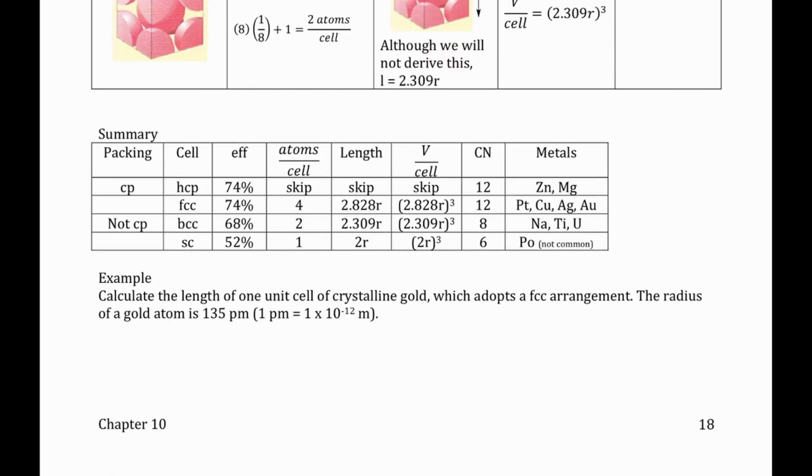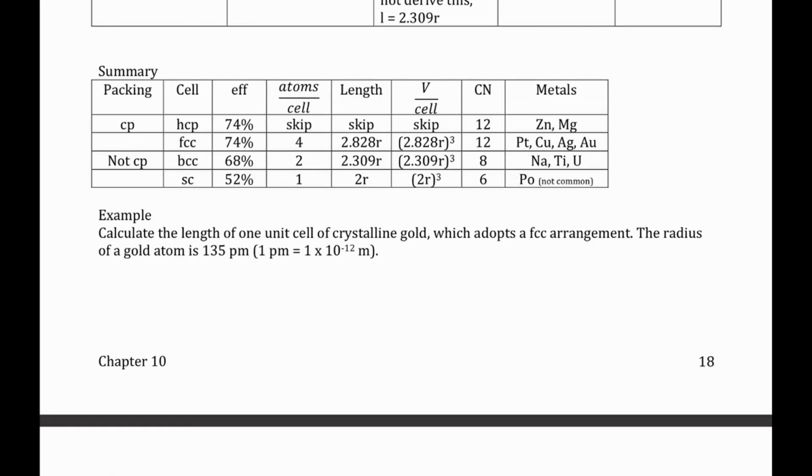Okay, so a summary. So we have packing types. We have cubic or closest packing. And for those, we have 2 possible situations for the cells. We have hexagonal closest packing, and we have face-centered closest packing. So that's FCC. The efficiency, I told you earlier, though we haven't proven it, is 74%. The atoms per cell for HCP, we're skipping. We're not really making calculations with HCP.